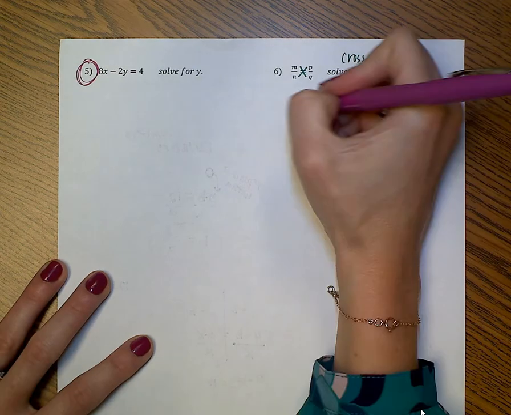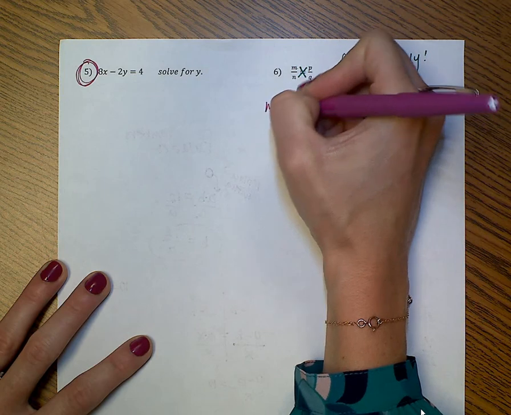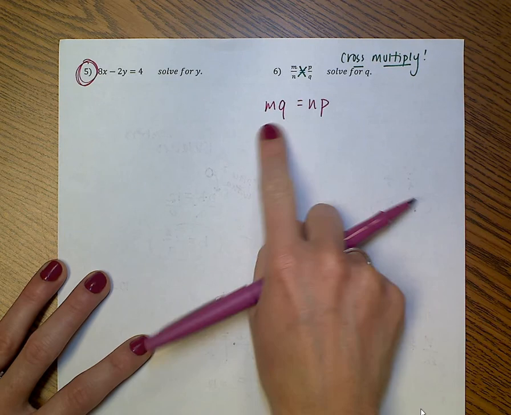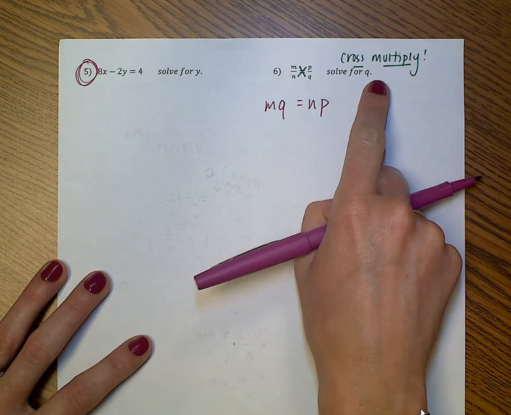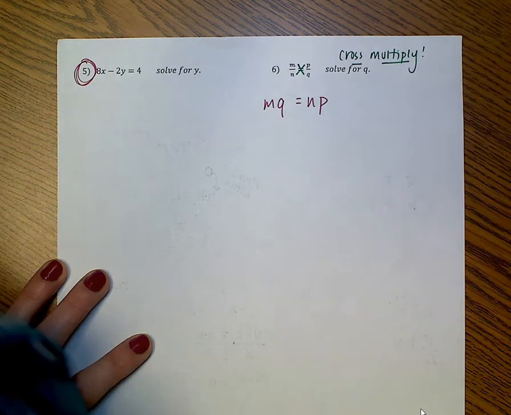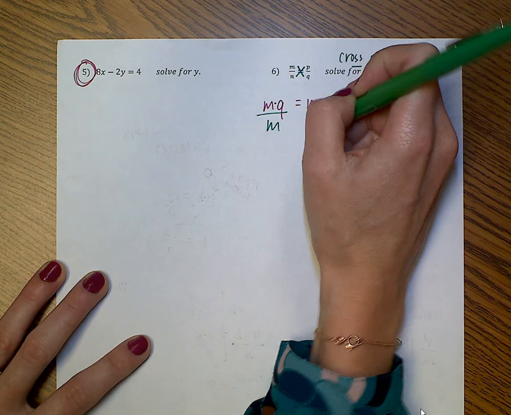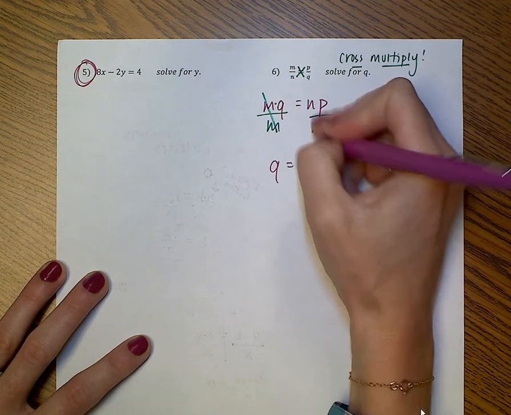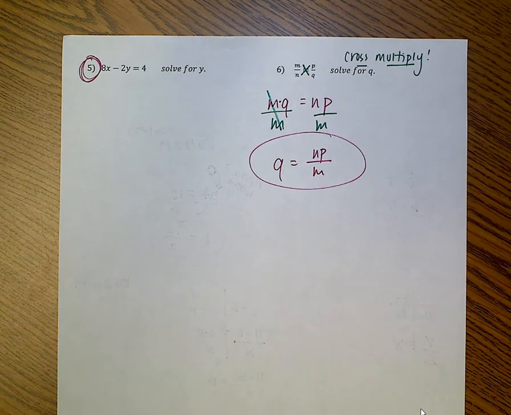So if I do cross multiply, I would have m times q equals n times p, which is so much easier to work with. Now to get q by itself, I just have to move the m to the other side. Since I'm multiplying, I'm going to divide. And my answer would just be q equals np over m. All right, that's formulas.